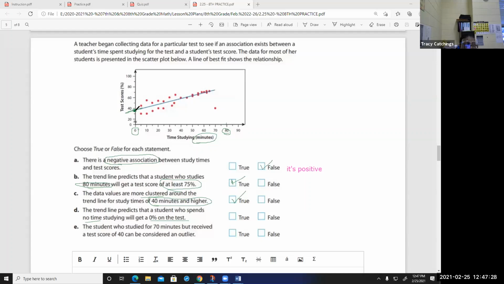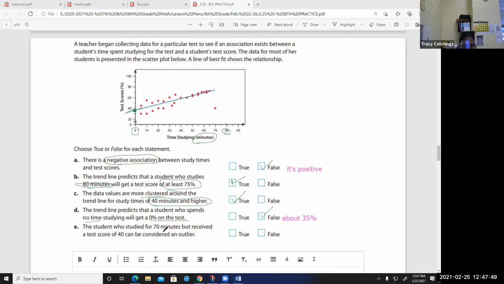What kind of score would I have if I didn't study none? Look right here, where that line is. It's about a 35. So even without studying, that student could have made at least about a 35.